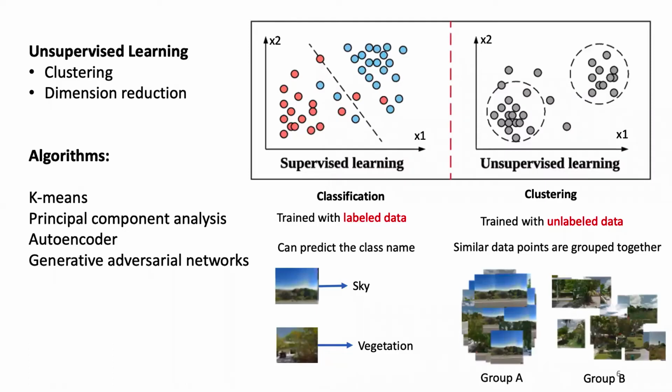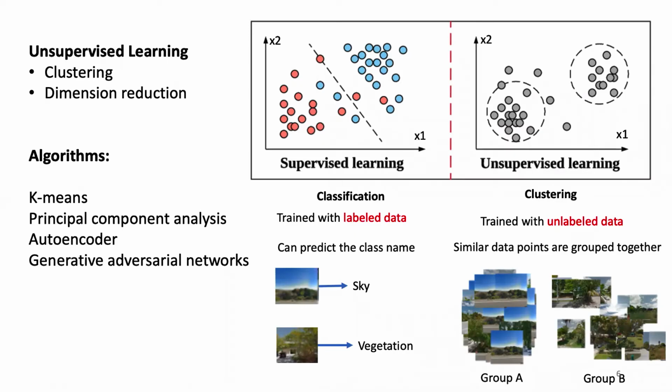But in clustering, the output is that similar data points are finally grouped together. For example, given an image, the algorithm can tell you which group it belongs to. It is similar to this group, or similar to that group, or more similar to that group.